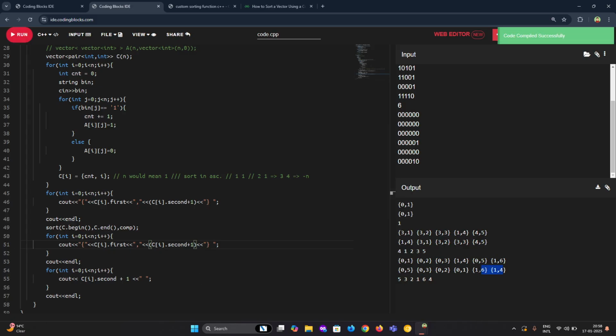So 6 and 4 have an edge. But 6 doesn't have an edge with these guys.